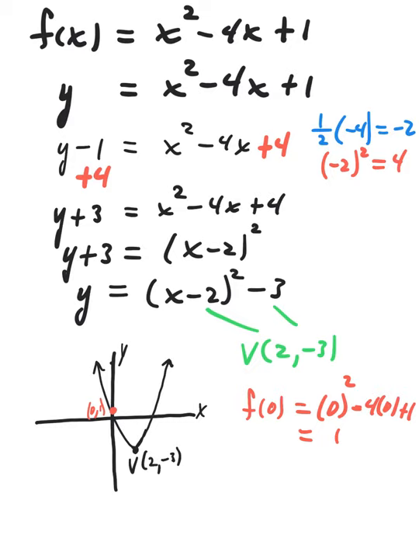We have 2 x-intercepts we can get. Now the problem is that original function, if you were to set it equal to 0, does not factor with whole numbers. So you perform the quadratic formula, where a is 1, b is -4, and c is +1.